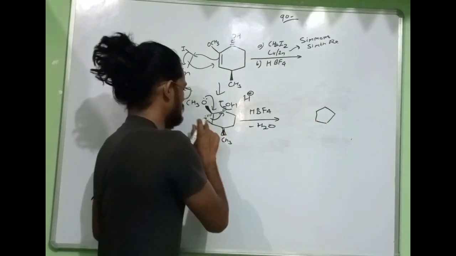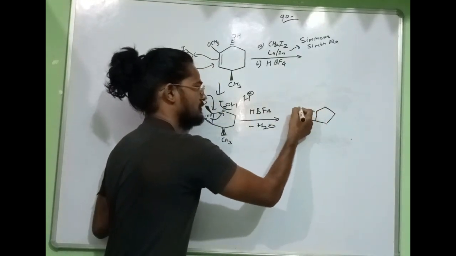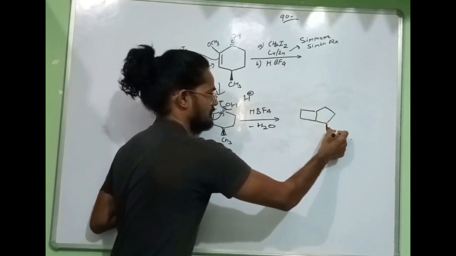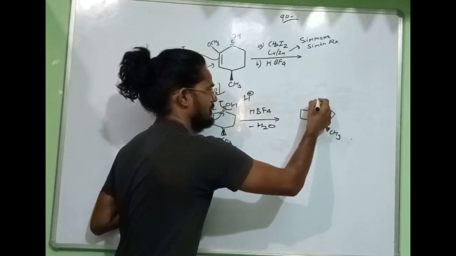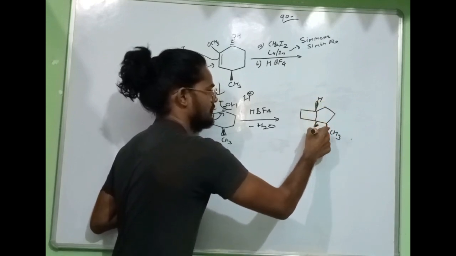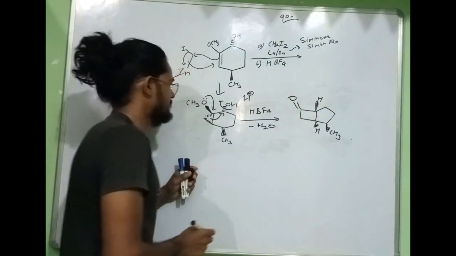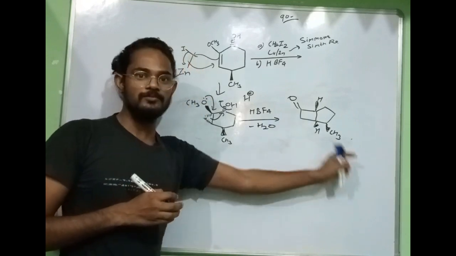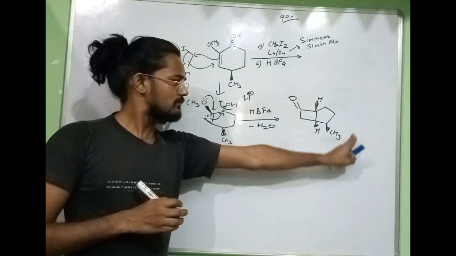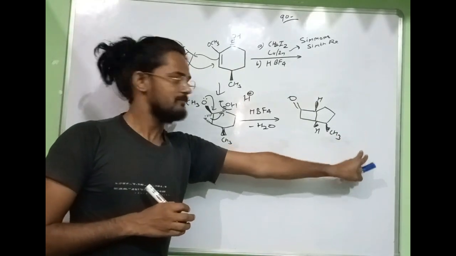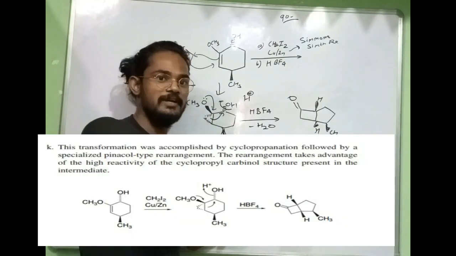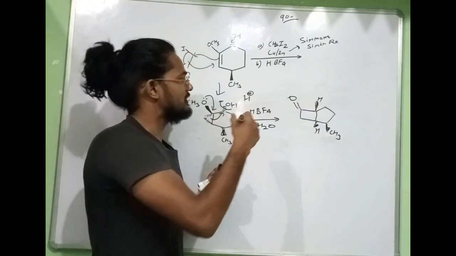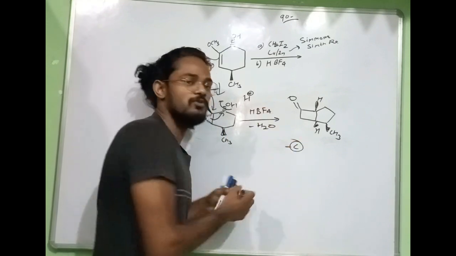This is 1, 2, 3 and 4. And this is your hydrogen, cis form, and there is your ketone group. So this example we can take as usual. Now you can see the mechanism, and the option number is C. Option is C for this reaction.